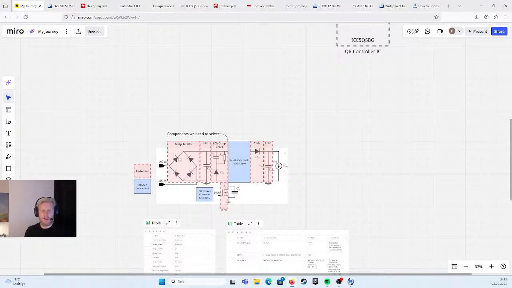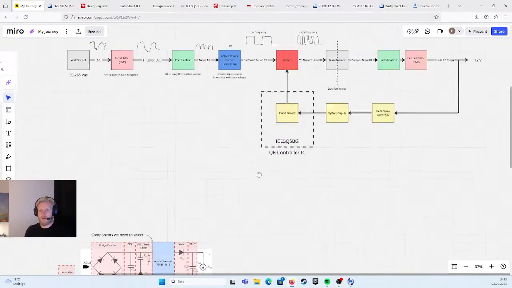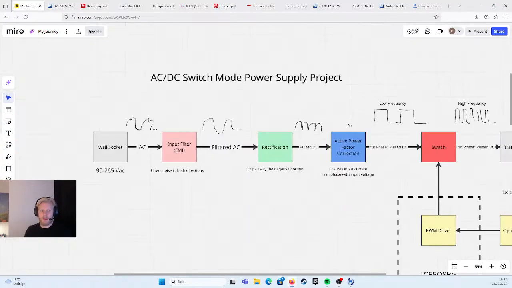It's basically this symbol for a bridge rectifier. We have a noisy AC signal from the socket, and then it goes through a filter, which we maybe haven't added in that block diagram. But anyways, without that filter, it will still be a noisy AC input signal.